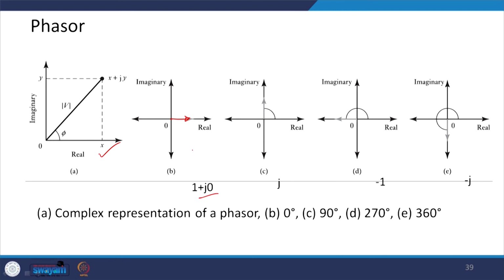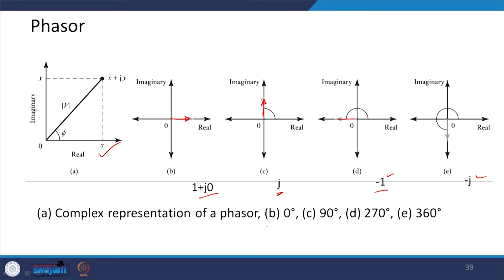If it is over here, then this is only j, the real component is not there. And if it is over here, then we have the real component and the imaginary is 0, so this is minus 1, and here it has got only imaginary, so minus j.